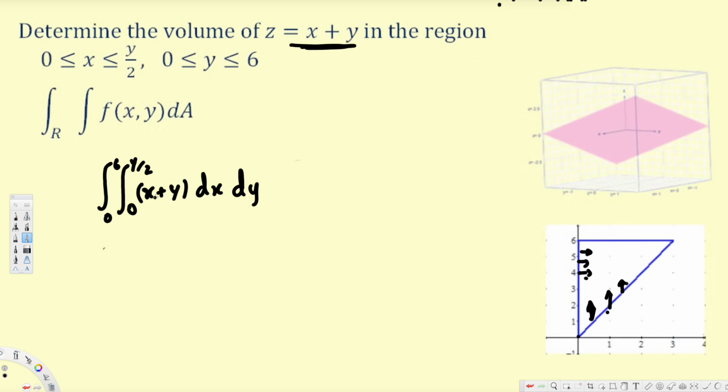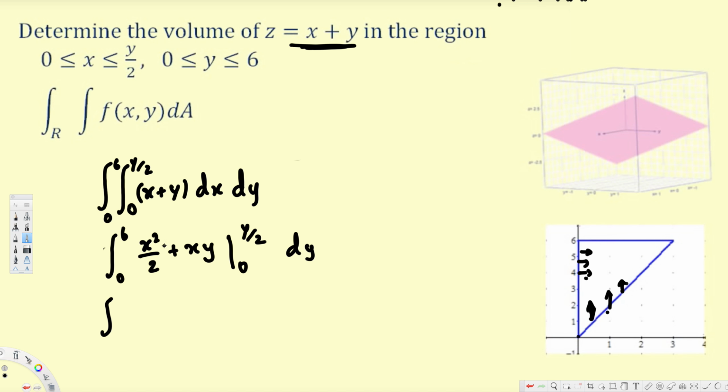Now the first integration we are taking with respect to x, so we treat y as a constant, and when you do the integration, this is going to be x square divided by 2, and this is going to be just xy. Okay, and that's going from 0 to y by 2, and the outside integral is going to be 0 to 6 dy. Now let's plug these values and see what we get.